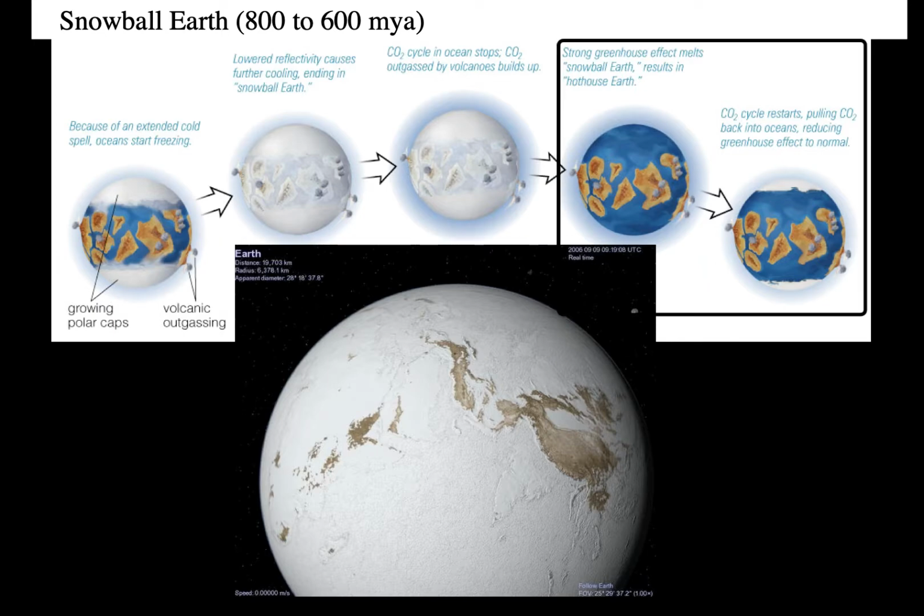And then, for unknown reasons, possibly a large asteroid strike and or an increase in volcanic activity, which then would send up greenhouse gases into the atmosphere, the Earth warmed up over a period of several million years, to a point where it was actually much warmer for a while than it is today.